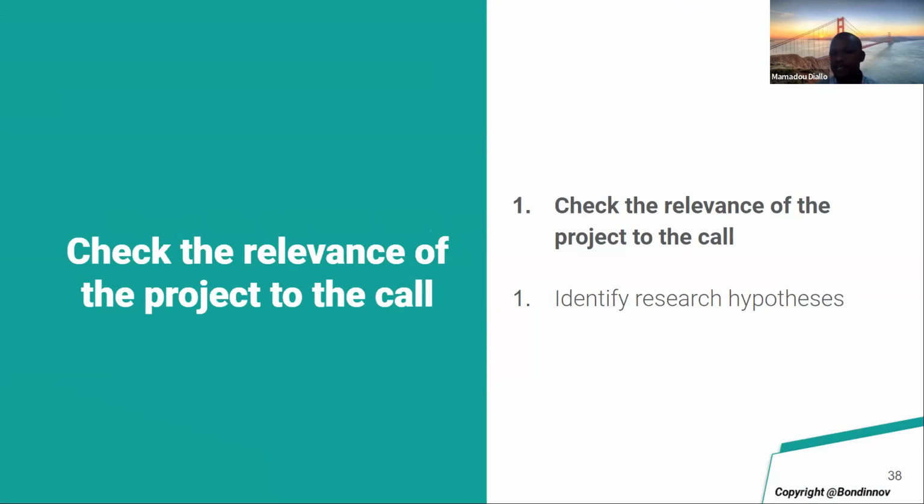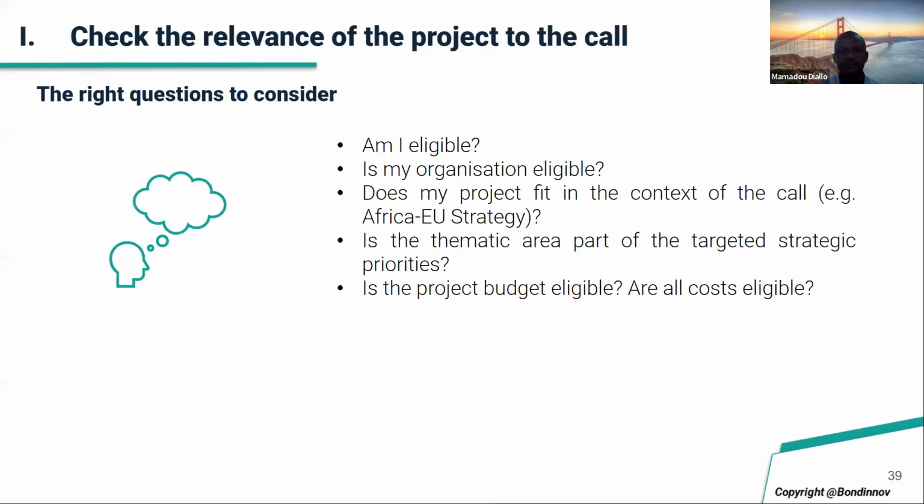You have to check it, and then you have to identify the research hypothesis, the right question to consider. I said already that you have to think about your eligibility. Are you eligible? If yes, is your institution, your organization eligible?